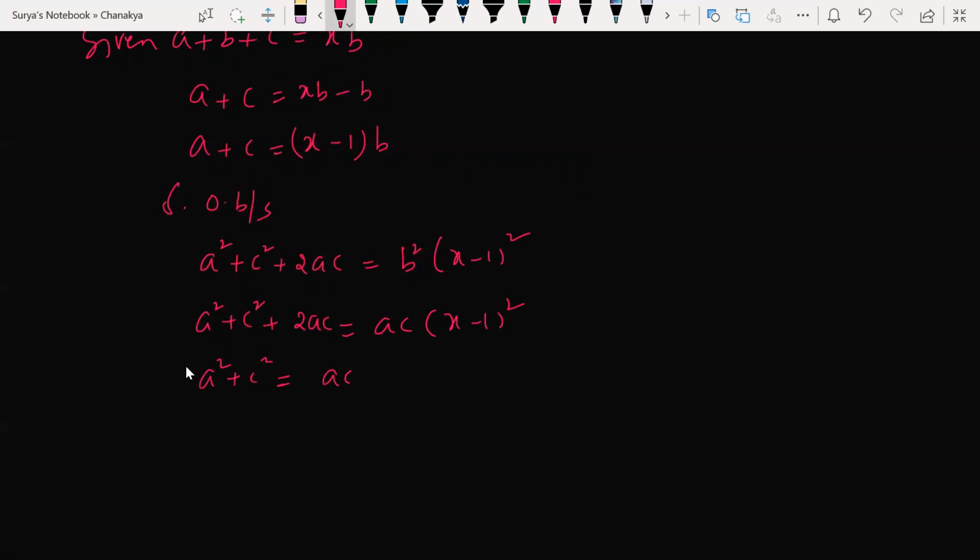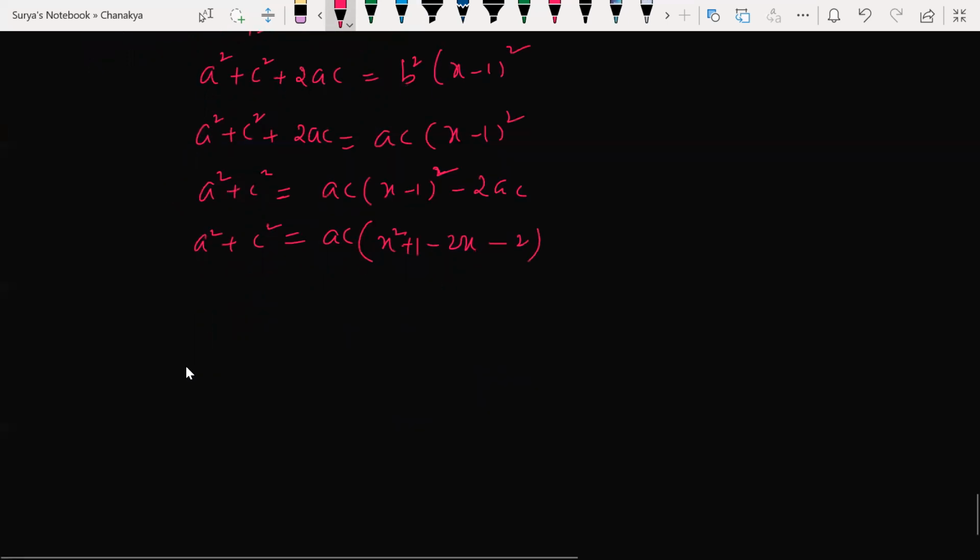Is equal to AC into X minus 1 whole square minus 2 times of AC. Correct? A square plus C square is equal to, again, AC common. AC common is nothing but, now you can expand, X square minus 2x minus 2. Correct, beta? Understood now? A square plus C square is equal to AC into X square minus 2x minus 1. All right.